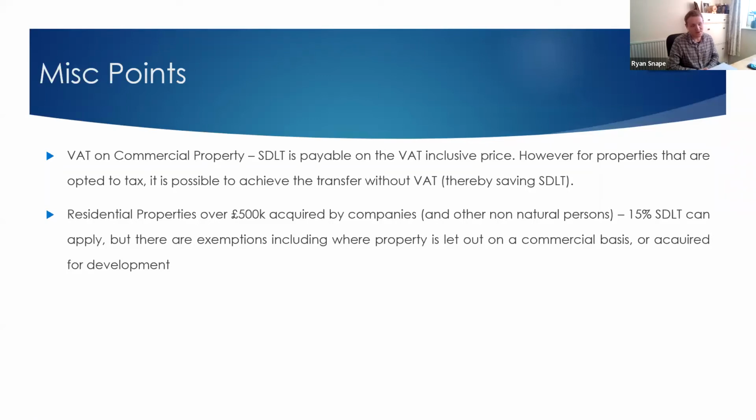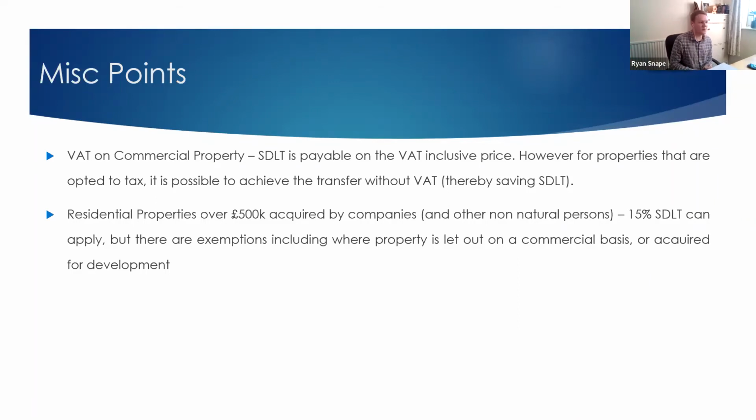That does need some thinking, and it does need some planning. But it's potentially worthwhile looking at, not only from a VAT point, but also because of the knock-on effect that it will have on stamp duty land tax, in that it will probably make it cheaper for the acquiring party. Yeah, something to keep an eye out for.